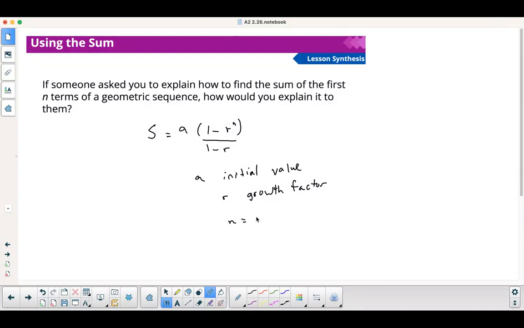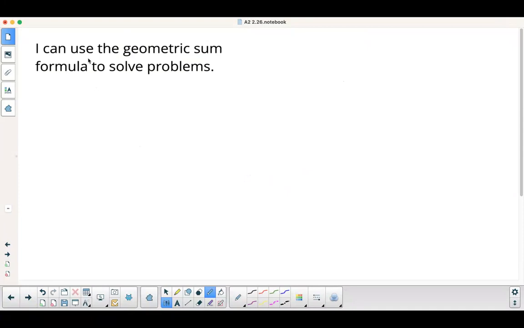N is the number of terms. And the keyword there is sum. This only finds the sum of those terms. All right, so I can use the geometric sum formula to solve problems. I think so.